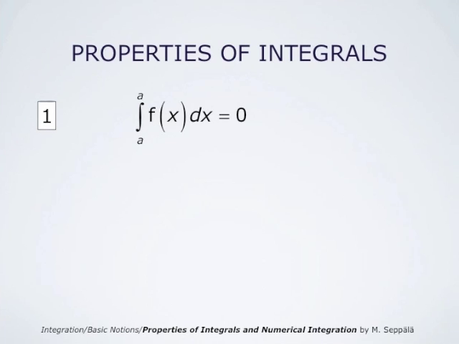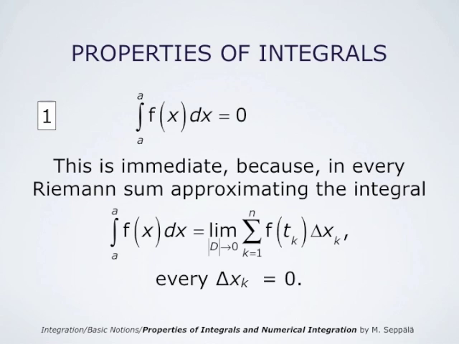The first property that follows immediately from this definition is that the integral from a to a of f of x dx is always 0. That is, the integral of any finite function over an interval of length 0 is always 0.